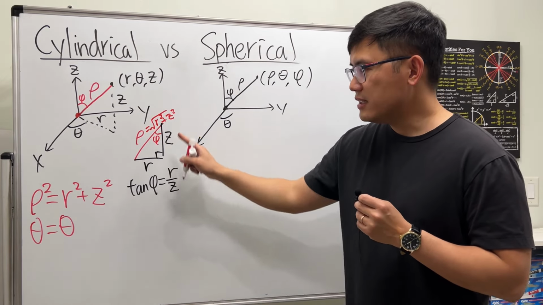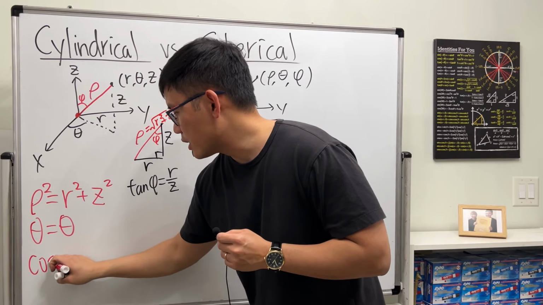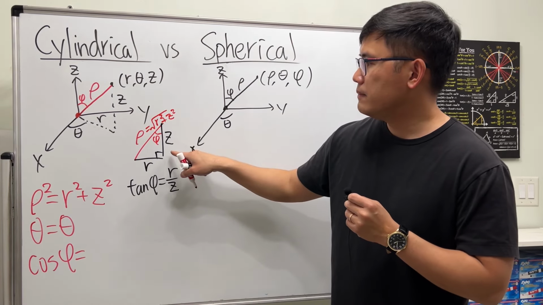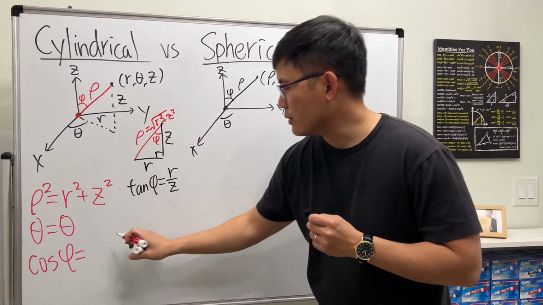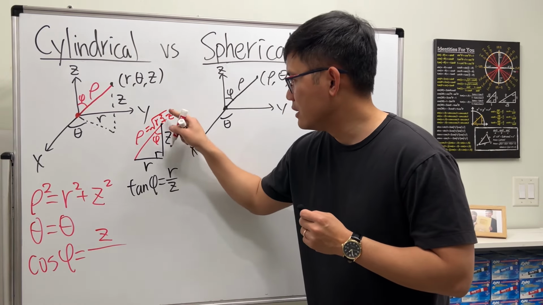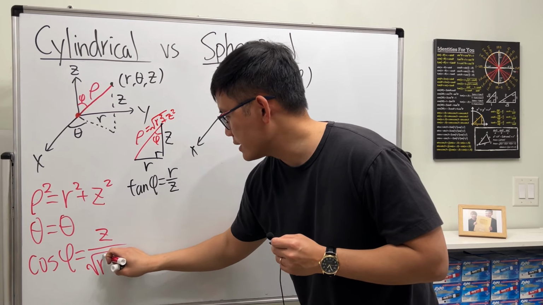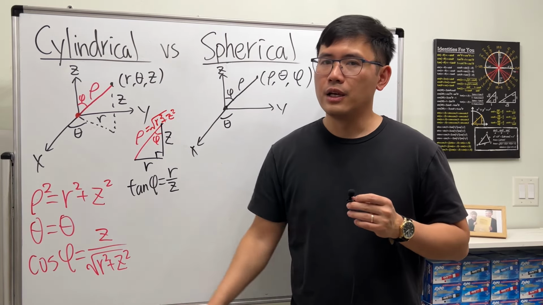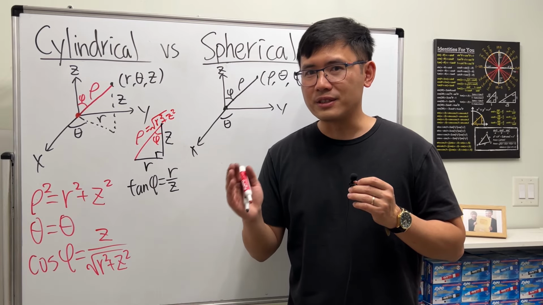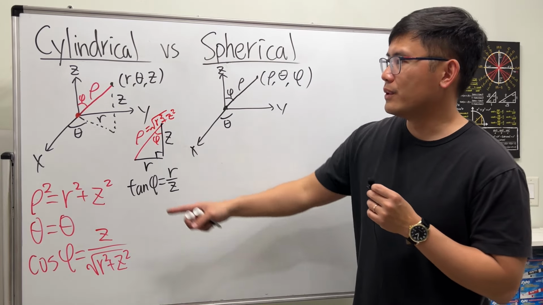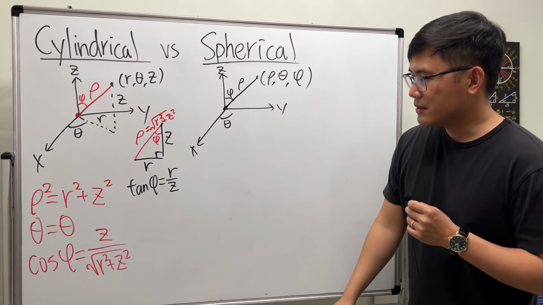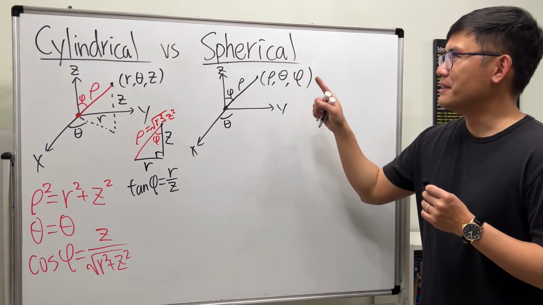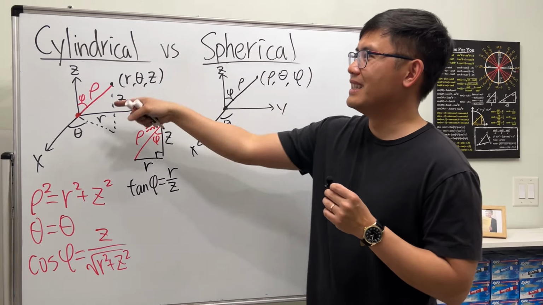So cosine v equals z over rho, so z over the square root of r squared plus z squared. And once you take the inverse cosine, the range is from 0 to pi. That will give you the v much better. So that's that.